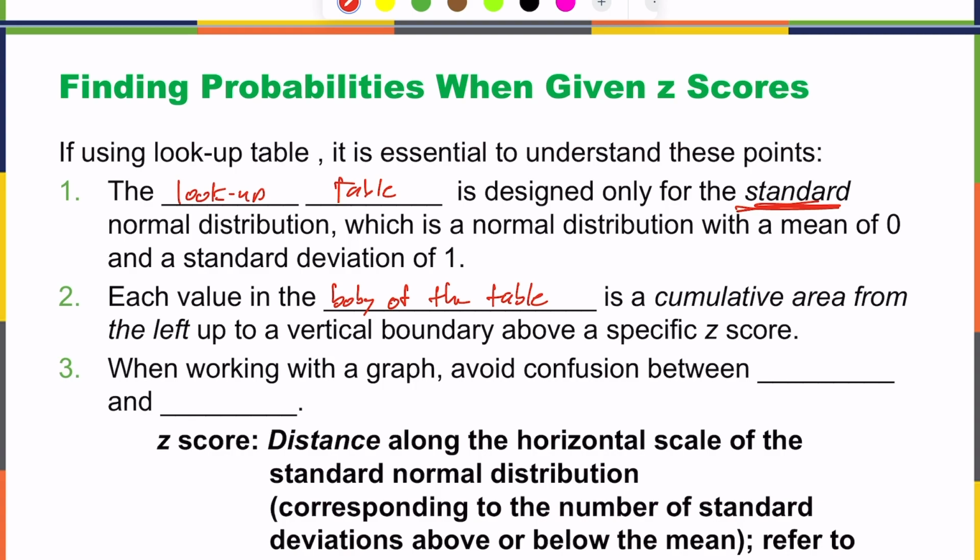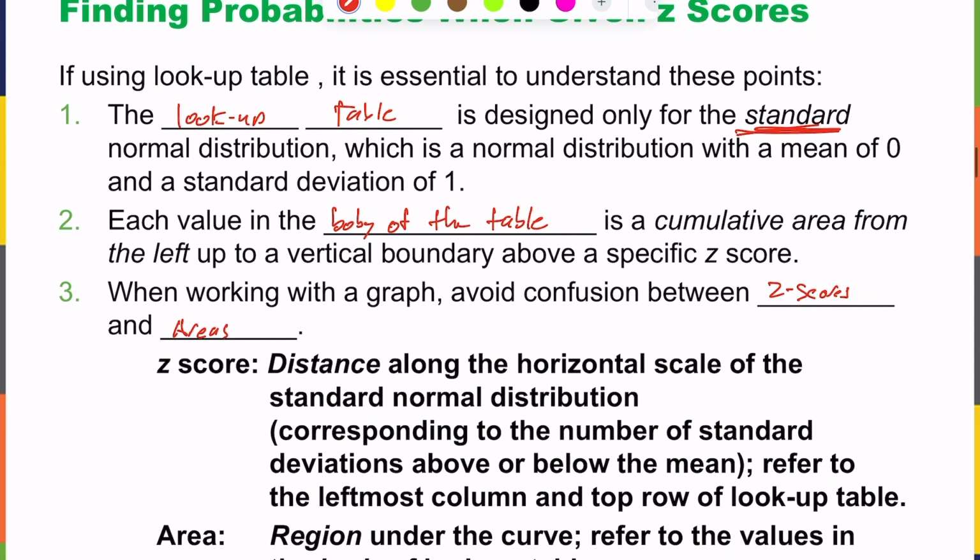When working with a graph, avoid confusion between z-scores and areas. The z-score is the distance on the horizontal scale of the standard normal distribution, corresponding to the number of standard deviations above or below the mean.